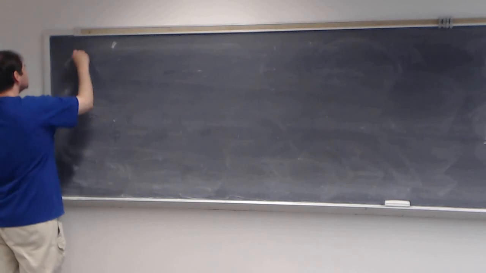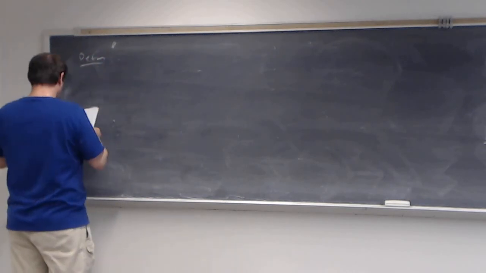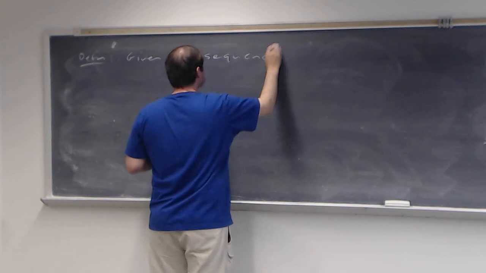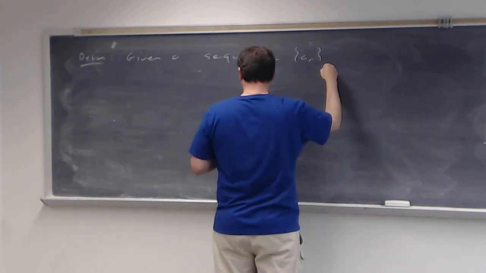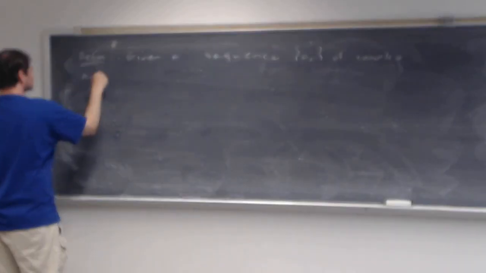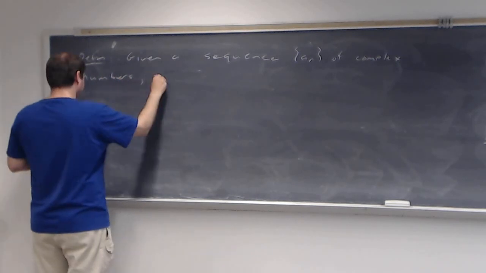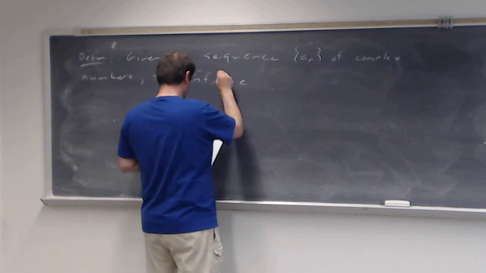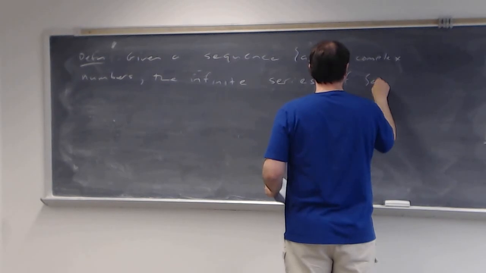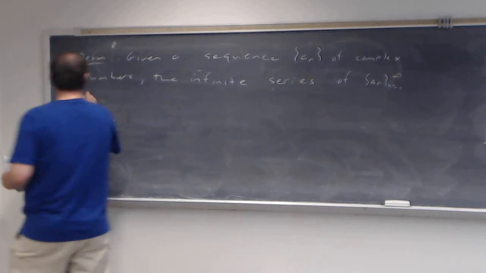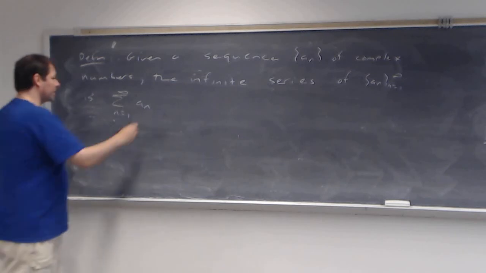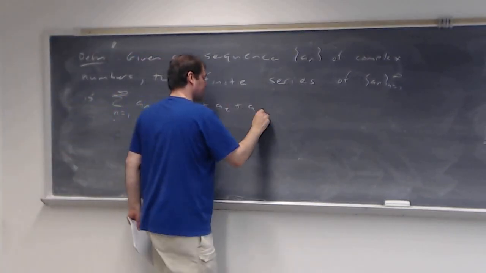Another definition says, given a sequence a sub n of complex numbers, the infinite series of a sub n is the summation as n runs from 1 to infinity of a sub n, and we can expand this just like a sub 1 plus a sub 2 plus a sub 3 plus, and you go on forever.